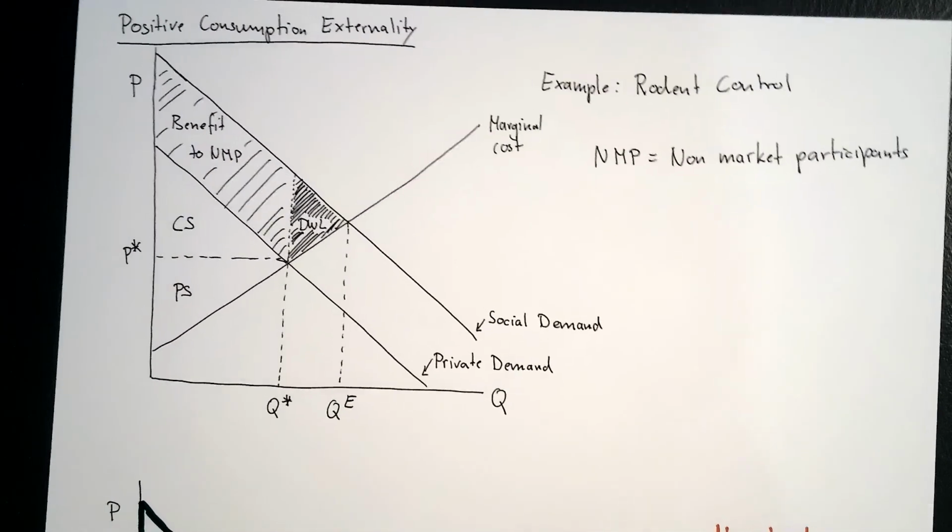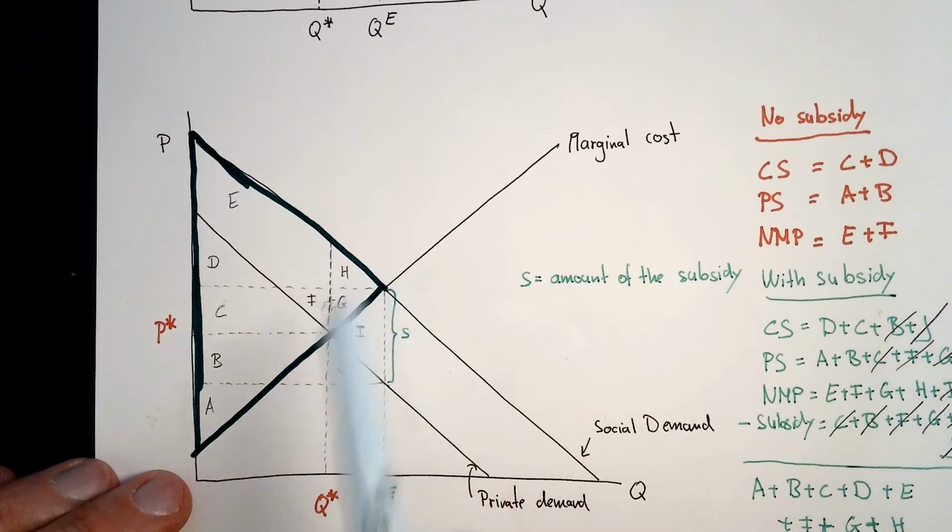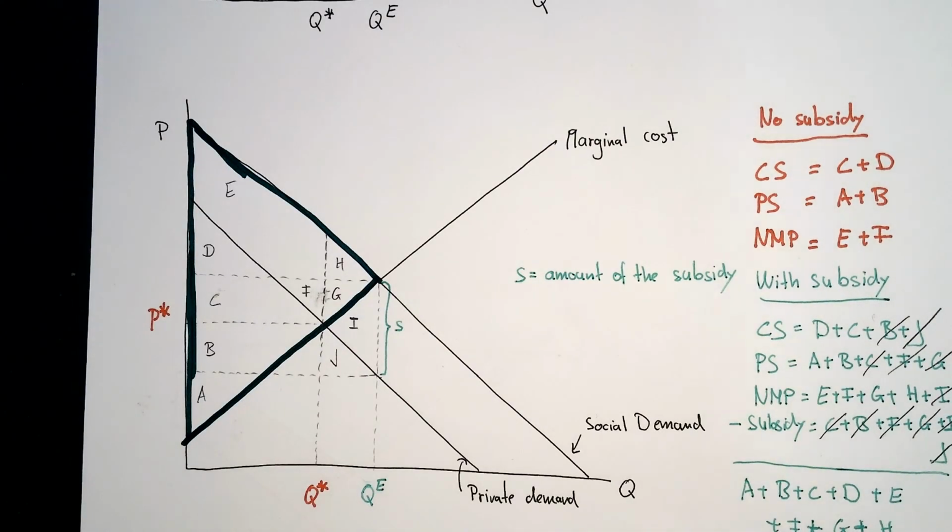Because without the subsidy, we have this deadweight loss, which with the subsidy we have now successfully captured. So hence, in this case, the subsidy, in the case of a positive consumption externality, restores welfare.